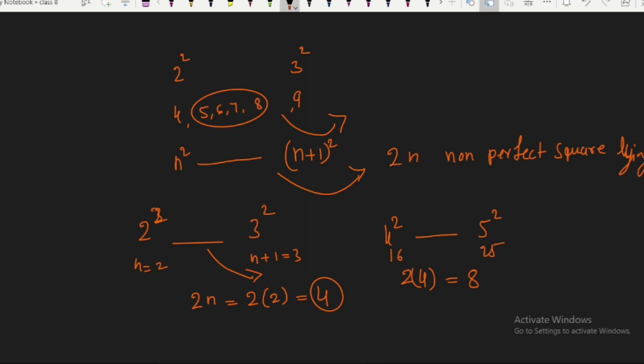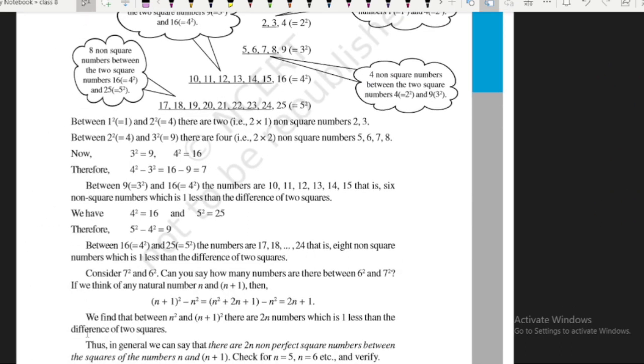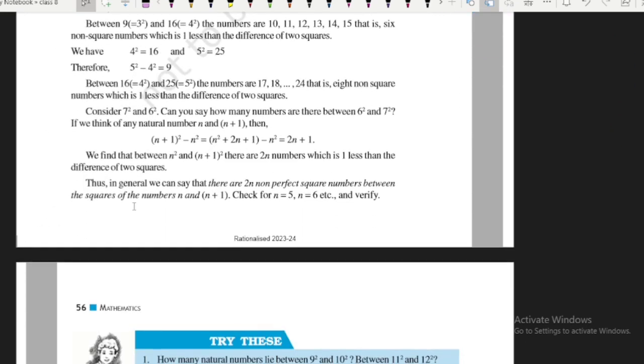You can check, there are 8 non-perfect square numbers between 16 and 25. So this is one more property: between any two consecutive square numbers n square and n plus 1 whole square, there are 2n non-perfect square numbers.